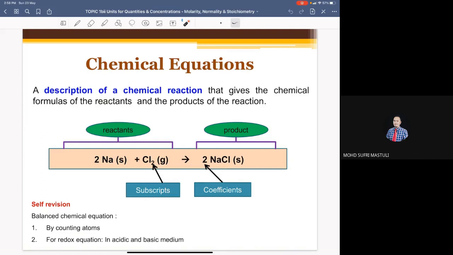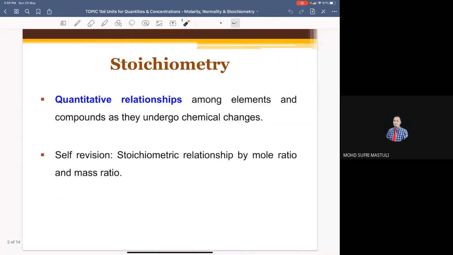A subscript is the number of atoms, and a coefficient is the number in front of the chemical formula. You can recall balancing a chemical equation by counting the atoms, or for a redox equation, in acidic and also basic medium.